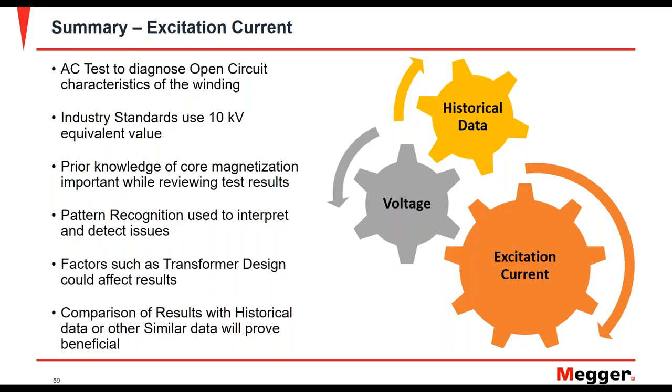We saw that for a core type or a 4-leg transformer, the excitation current pattern can be different. And because of this nature of the excitation current, comparison of results with historical data or with similar data for other transformers will prove beneficial to get an accurate assessment of your transformer and your winding.